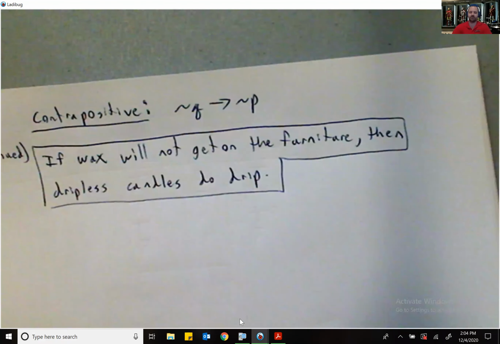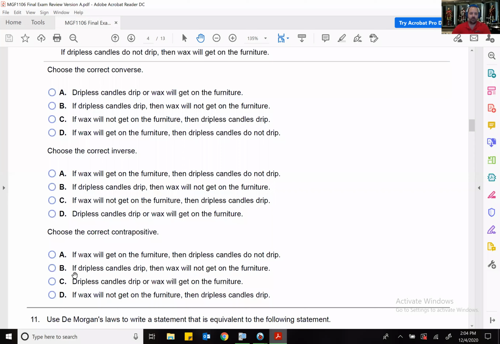Perfect. So we just go find that one. If wax will not get on the furniture, then dripless candles drip. So it is D. So D, B, D.